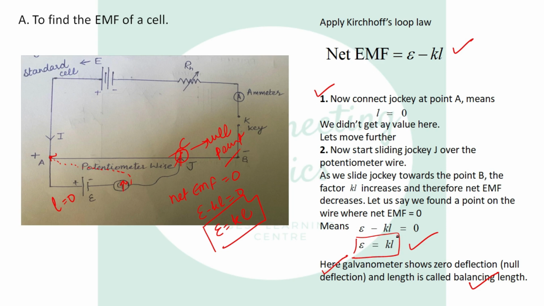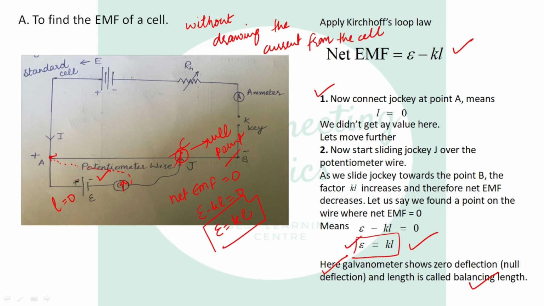This is the speciality of the potentiometer, that it measures the EMF of a cell without drawing current from the cell. We didn't draw any current from this cell, but we have measured the exact value of the EMF of this cell.